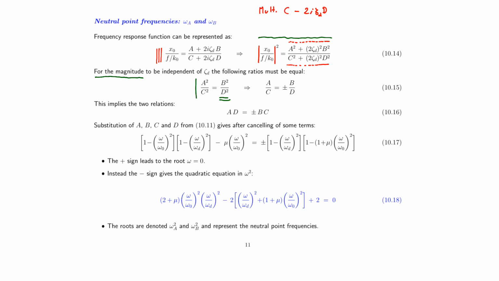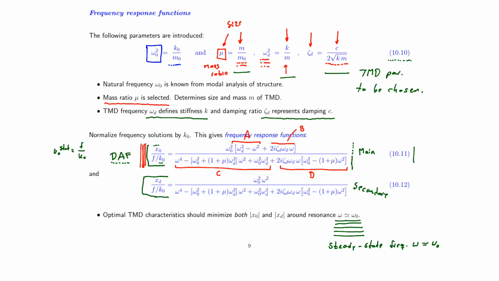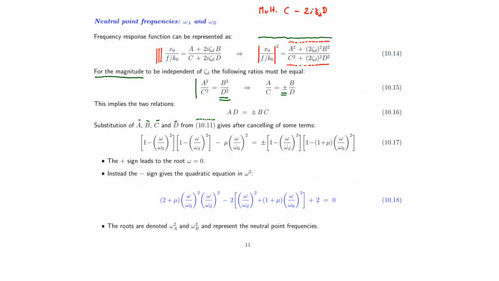So we take the square root on both sides, and remember, whenever you take the square root, you need a plus and minus. Then you go back and fetch your A, your B, your C, and your D from the original expression in 1011. That is this main expression here. You plug those coefficients into this simple expression up here, and that provides you with 1017.